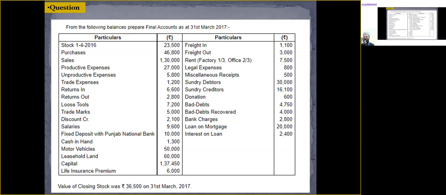Let me know when you are done. And in today's session, we will be learning about the adjustment entries as well. So after doing this question, we will be talking about the adjustment entries.